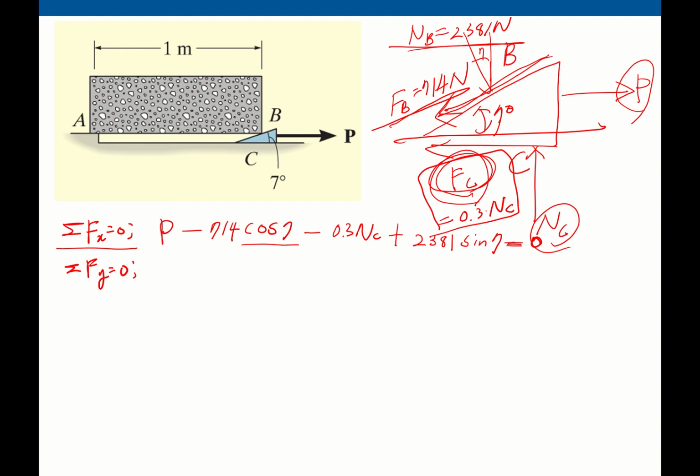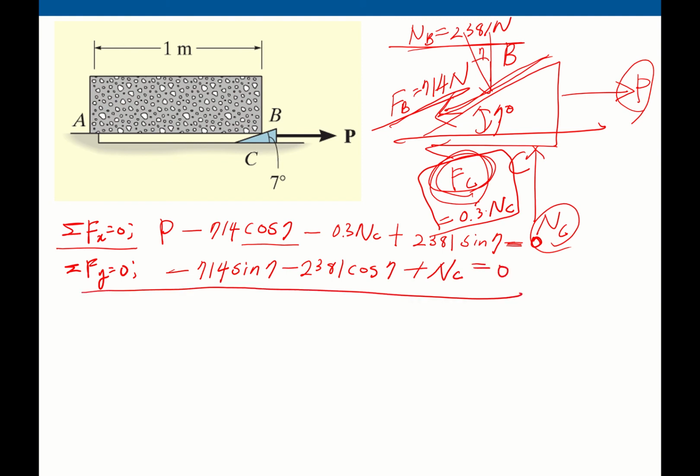For the y-axis component, let's start with the frictional force B, which is minus 714 sine 7 degrees. Okay, and another one is normal force B. We know that it is minus 2,381 Newton times cosine 7 degrees. And another component is normal force C. This one should be equal to 0.